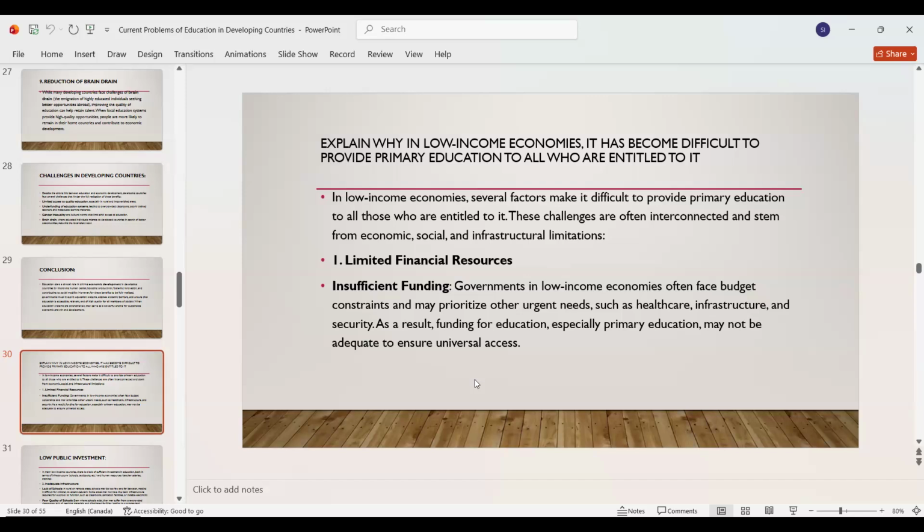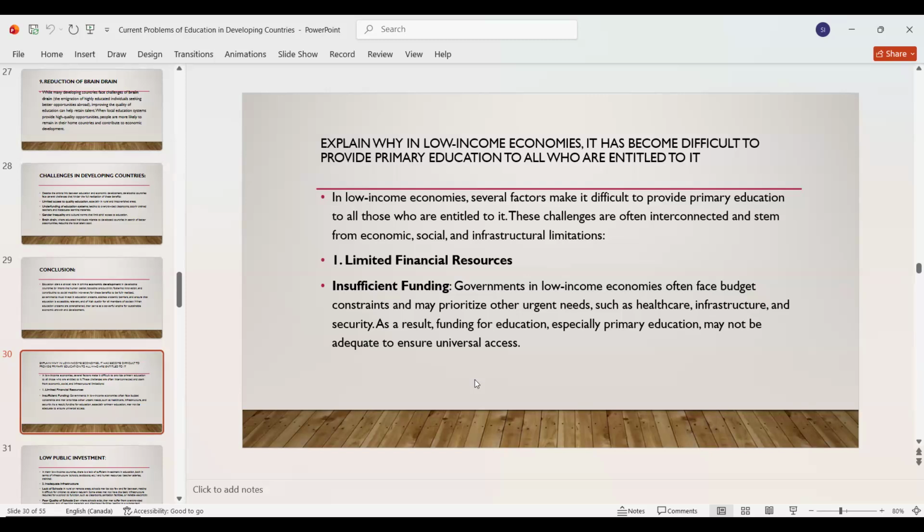And in low income economies, several factors make it difficult to provide primary education, right? So we must know the challenges, why it is not given. Limited financial resources. Especially in Sri Lanka also, the education funding compared to other countries is low, right? So within that, how can we improve the infrastructure, right?